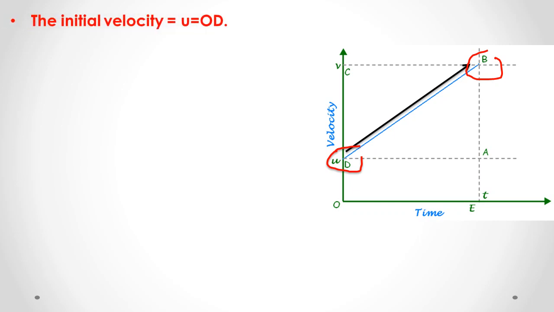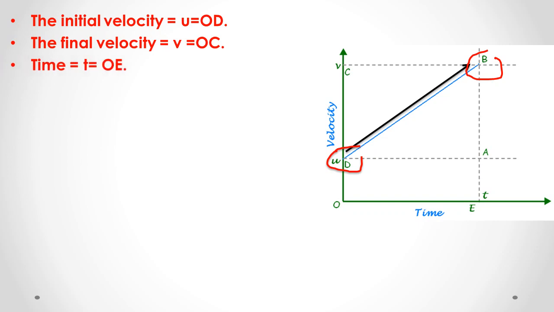So the initial velocity is equal to u, and initial velocity is nothing but OD. Okay, and the final velocity of the object is v, which is nothing but OC, and the time will be OE. That means in this time period the object covered initial velocity to final velocity. Okay, so this is t. Now the symbol for acceleration is a.